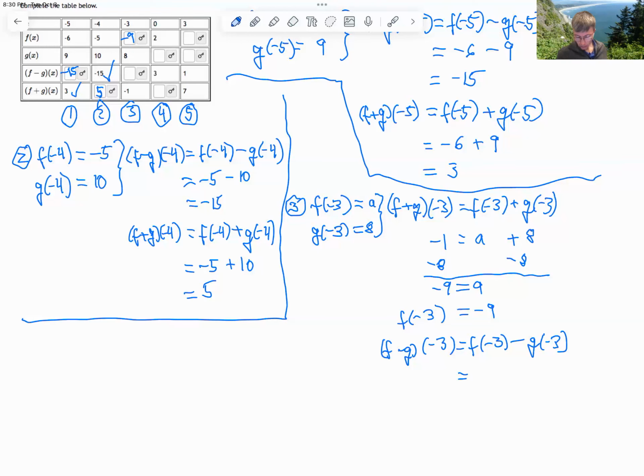Because f of negative 3 we just found is negative 9 minus, and the other one was 8. And that will give us negative 17. And that's what I can write in here.